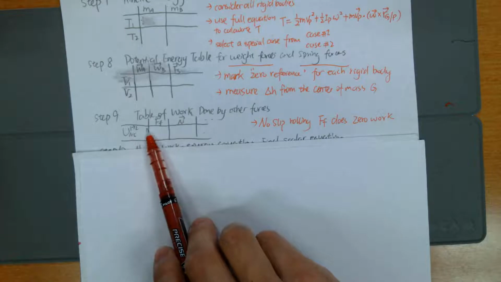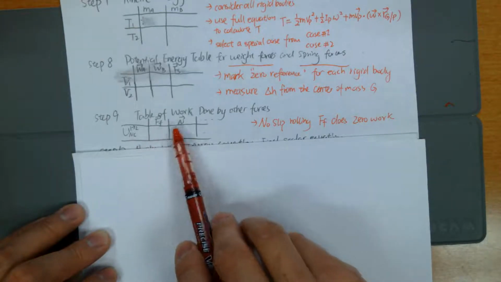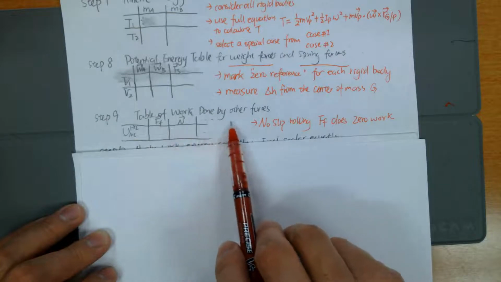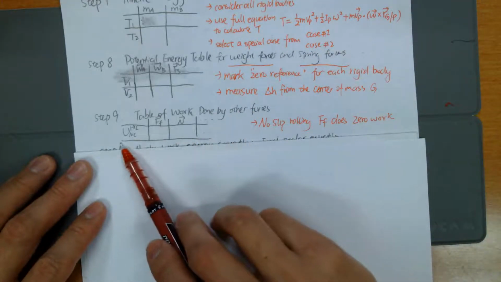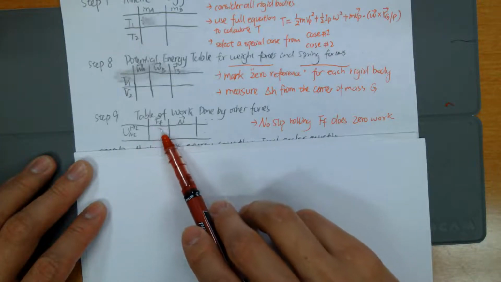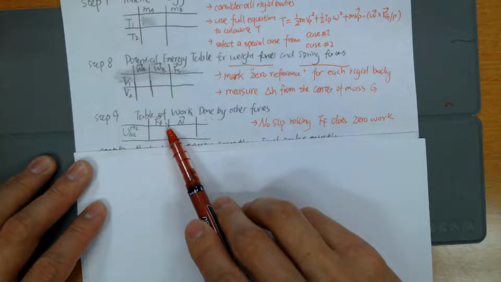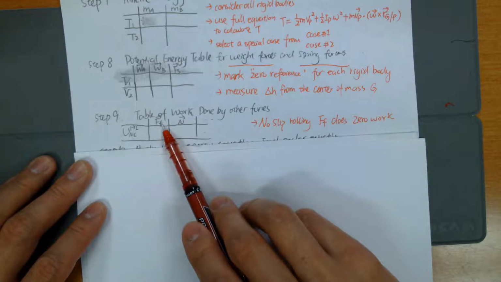So U_NC from 1 to 2 is going to come from your friction force and normal force or other constant forces. Something special for this chapter is that usually friction force does negative work, right?